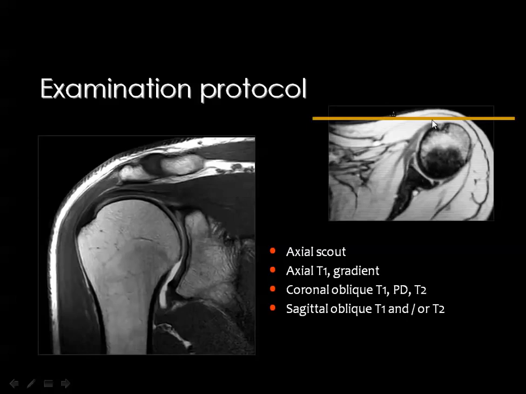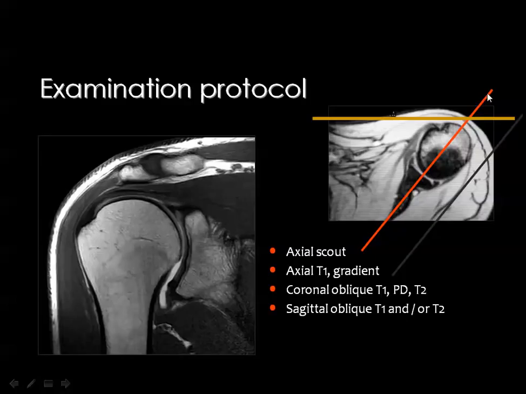Then if you want to have coronal sections, you should cut from anterior to posterior or from posterior to anterior. But if you are cutting direct coronal, you will not see the anatomy or the pathology as I will mention. But you should have an oblique orientation of the coronal, and this oblique orientation is parallel to the central line of this ice cream cone.